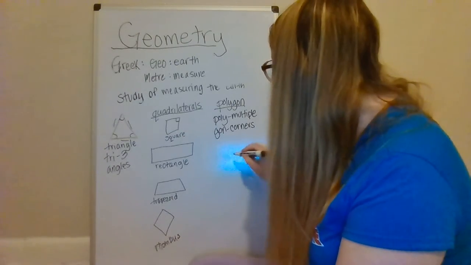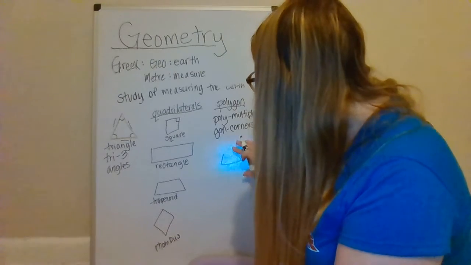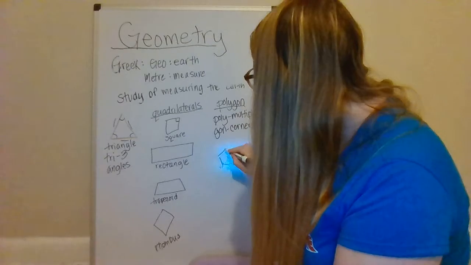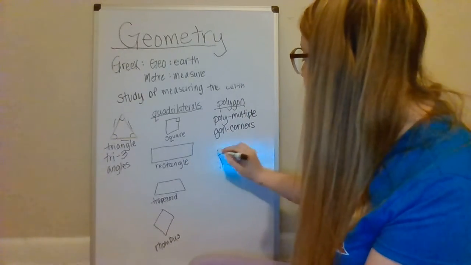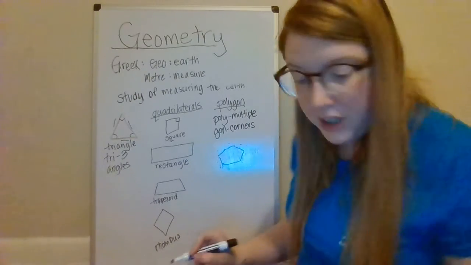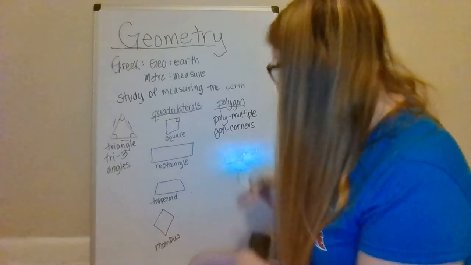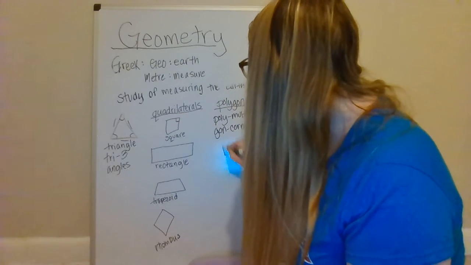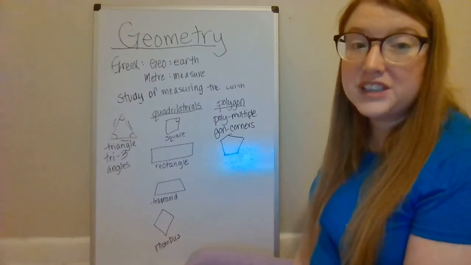So we have a pentagon. And it has 1, 2, 3, 4. Oh, I'm so sorry. See, teachers make mistakes too. A pentagon is 1, 2, 3, 4, 5. So a pentagon has 5 sides.